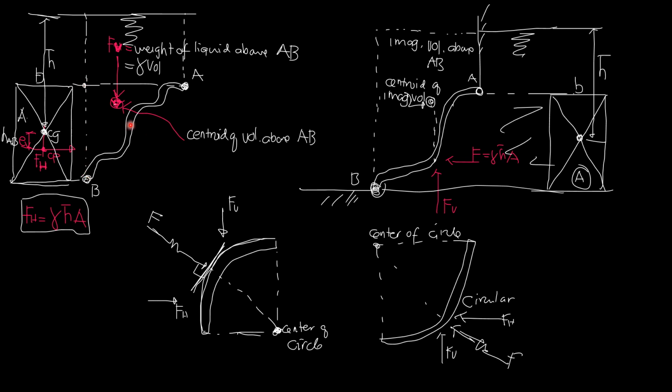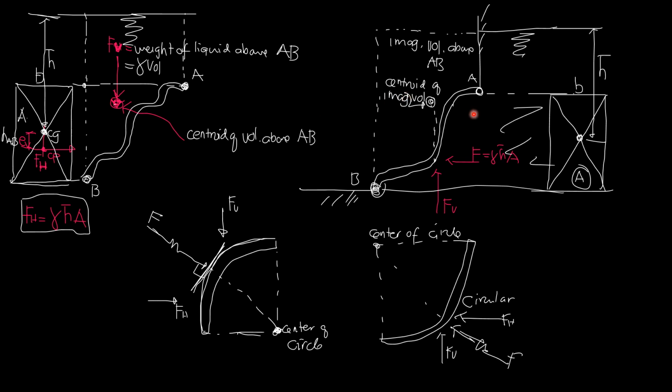So don't worry about this. This is just the general shape. If the equation of this curve is given in general, then use calculus in determining that area by integration. So that's the first case: the liquid is above the curved surface.